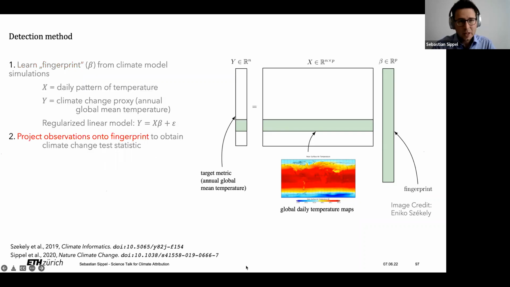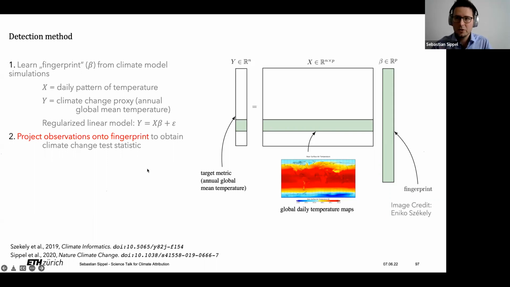Once we had trained this set of regression coefficients, this spatiotemporal fingerprint, in a second step we projected the observations for individual days from reanalysis onto this fingerprint in order to obtain a climate change test statistic.